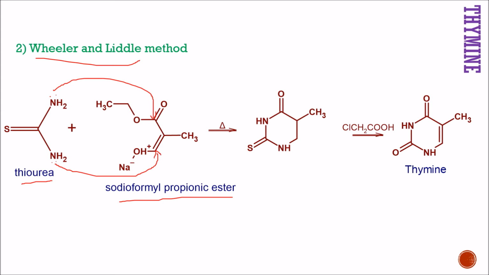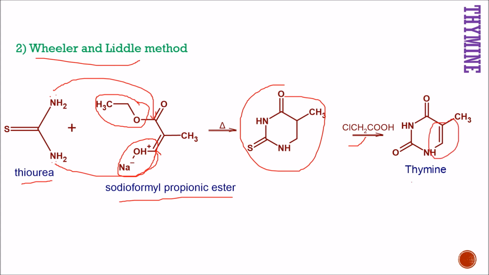After heating, it releases one ethanol molecule from this part and one NaOH molecule from this part. Here ring closure takes place, ring structure forms, and after reaction in presence of aqueous chloroacetic acid, it forms a double bond over here and forms a structure of thymine.